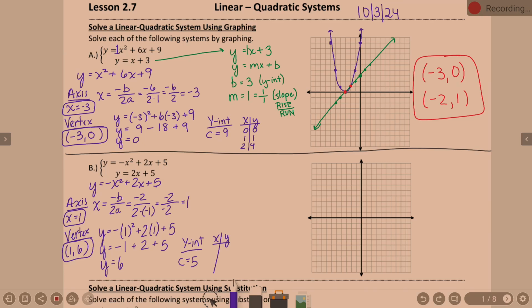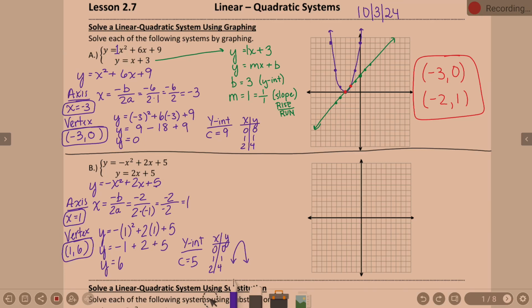Like 0, 0, -1, -1, -2. So I still write it as 0, 0, 1, 1, 2, 4, meaning we can, from the vertex, go over 1 and then up or down 1. In this case, it's going to be down 1 because what do we know about this parabola? It's a -x squared, so it's going to be upside down, isn't it? So it's going to be over 1 down 1, over 2 down 4. But we can still use those values because it's a 1x squared.